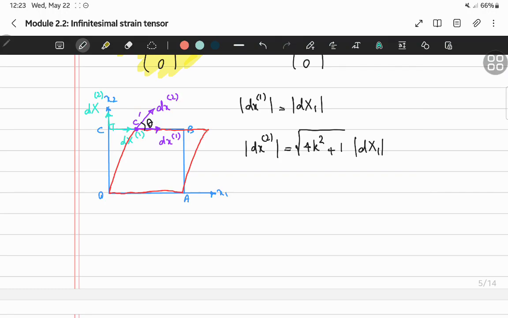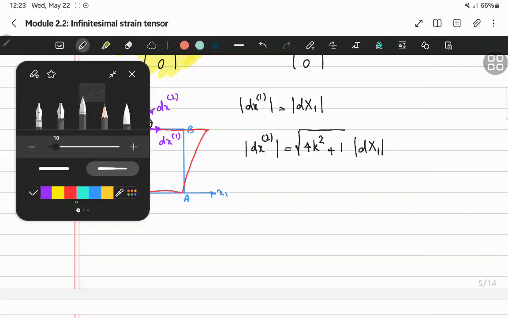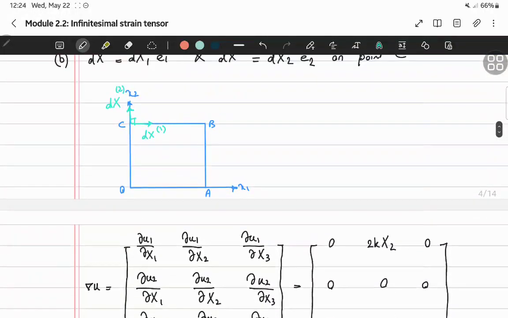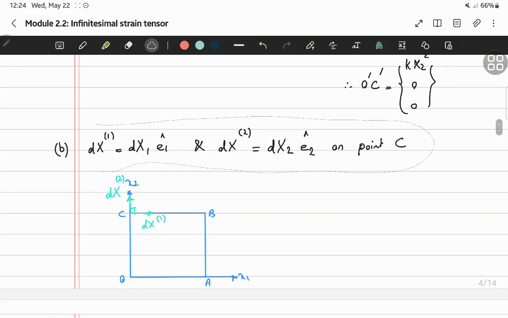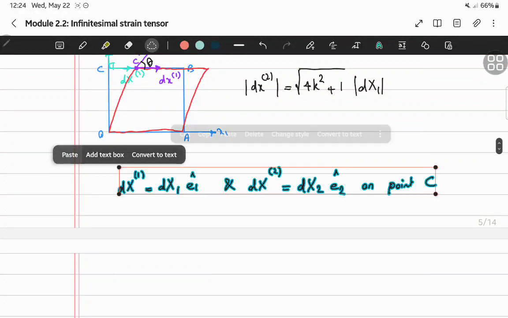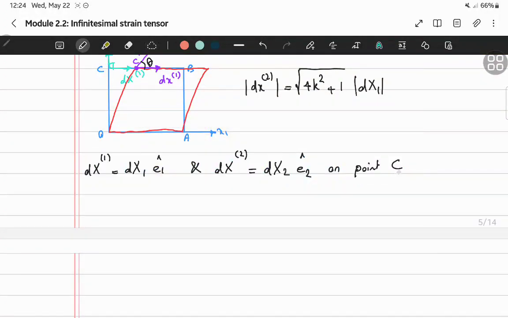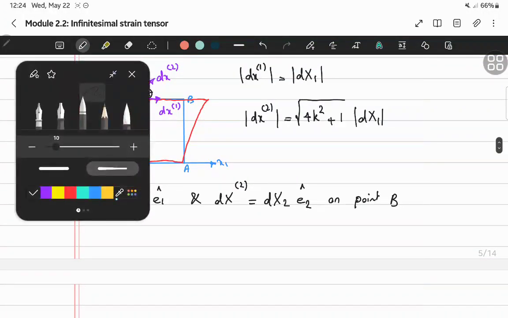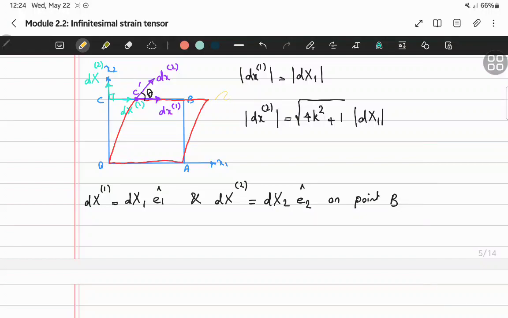But let's do this also for point B. Again, similar to this, I would like to select two points, and again, of course, I would like to go with dx1 and dx2, which are, of course, orthogonal to each other.